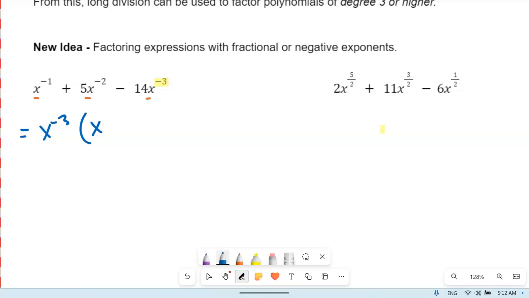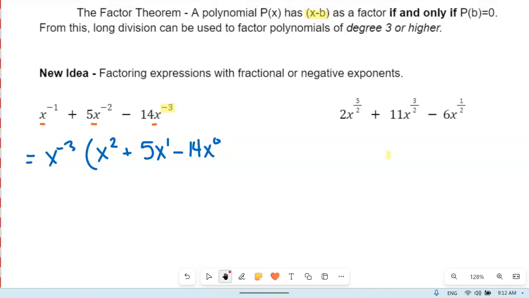And now I'm going to think, if I take away -3 from -1, so -1 take away -3, that will give me x squared. -2 take away -3 will give me x to the 1. And -3 take away -3 gives me 0.